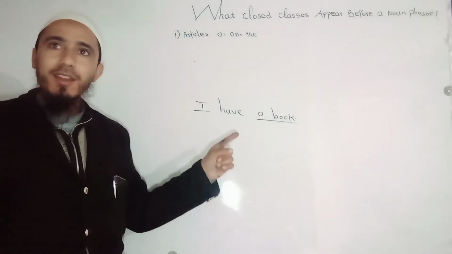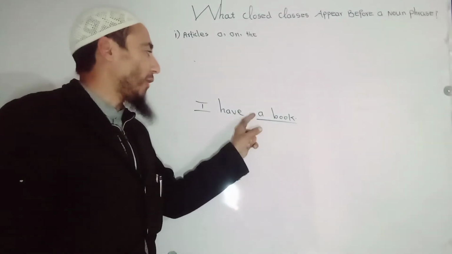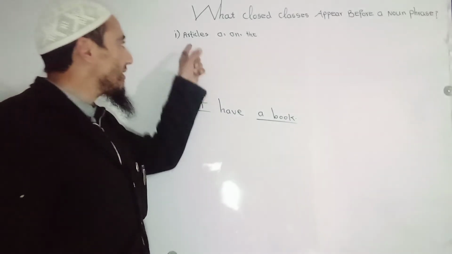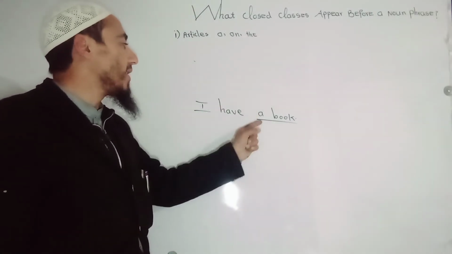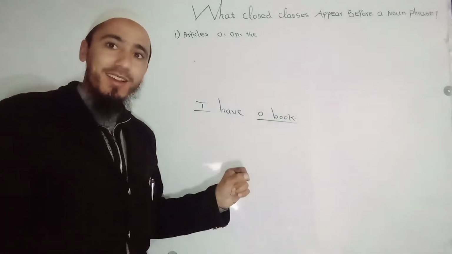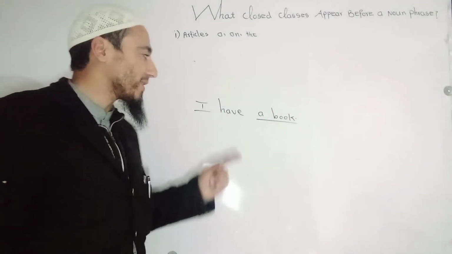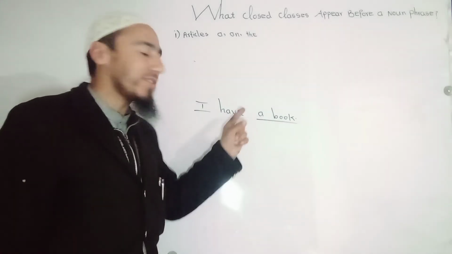So here you see a appeared before a noun phrase, and that a is article. Okay, so this is the answer to the question that what closed clause appears before a noun phrase.